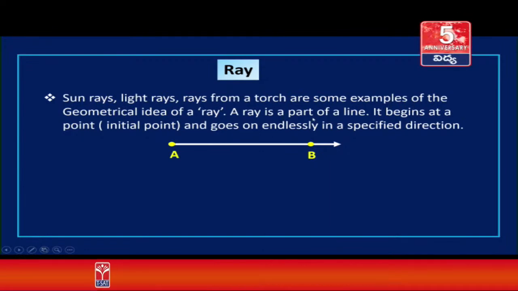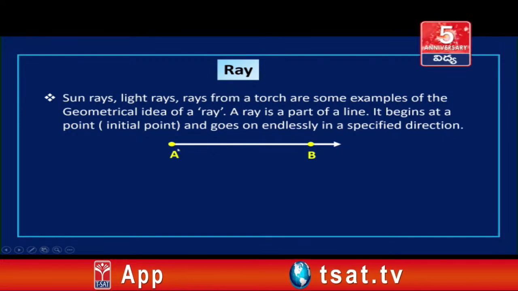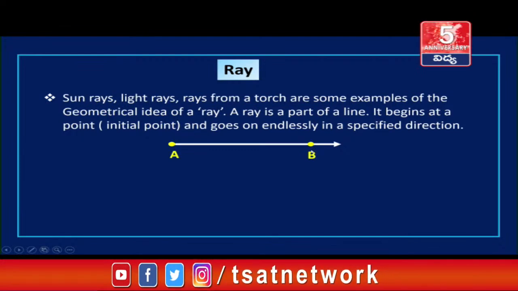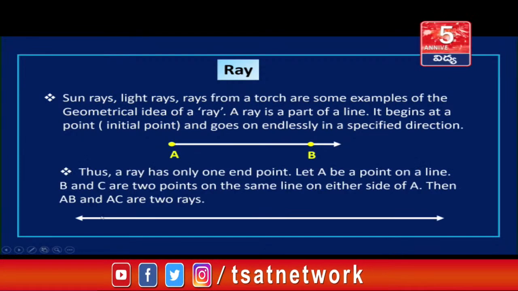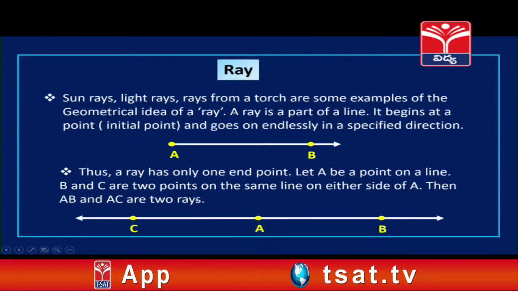A ray is a part of a line. It begins at a point, the initial point, that is A, and goes on endlessly in a specified direction through B. You can observe the figure. Thus, a ray has only one end point.